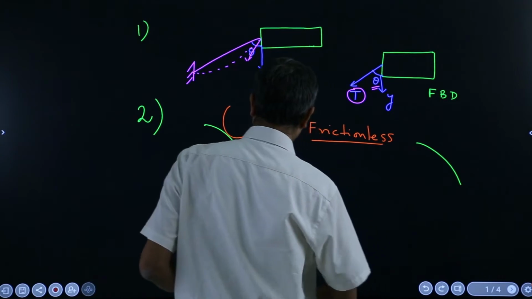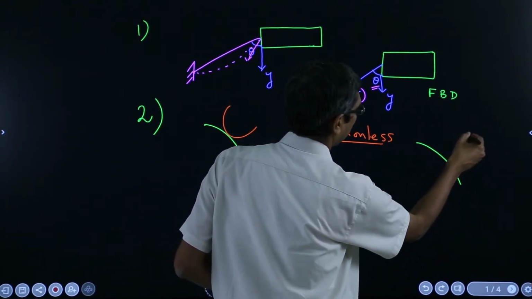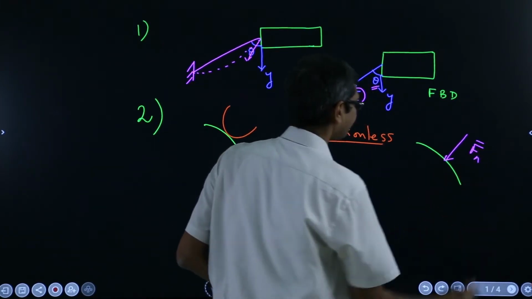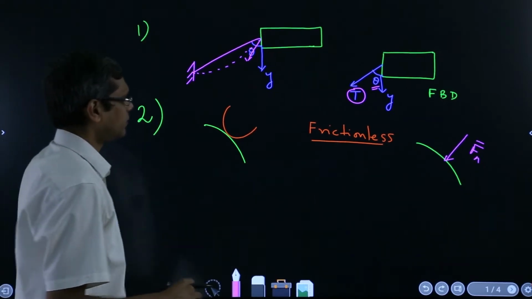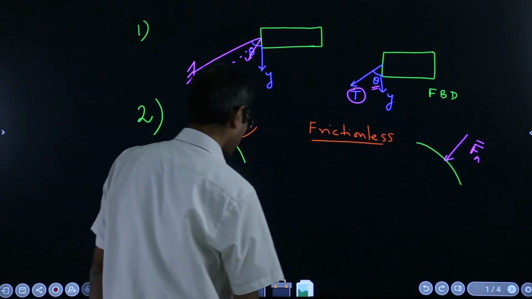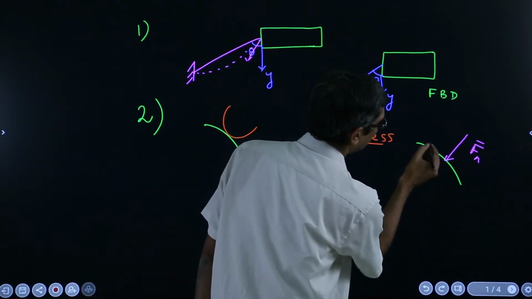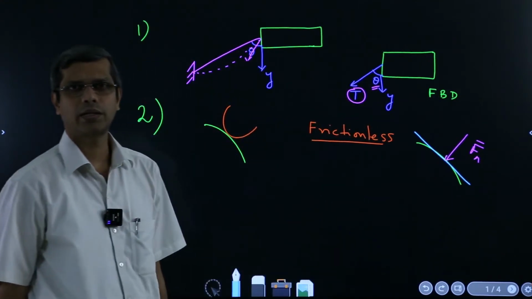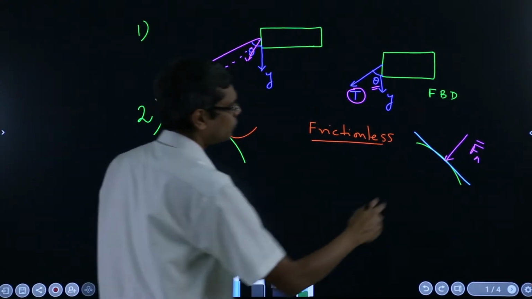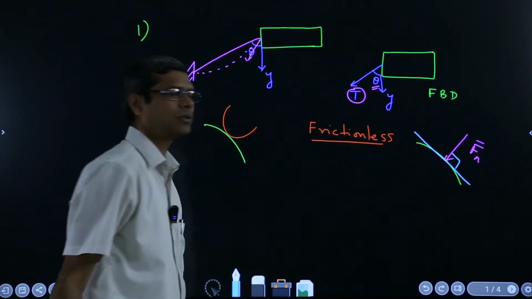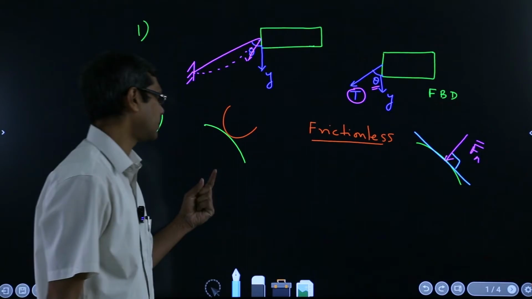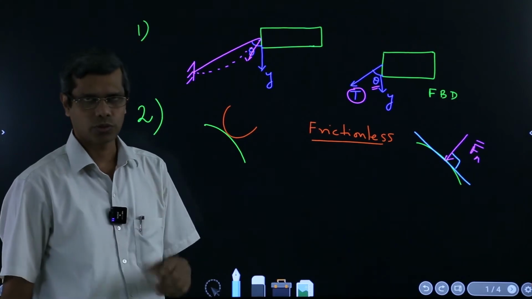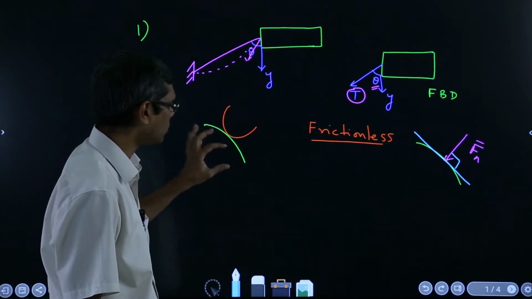Now the force which you will have to replace it with will be normal to the tangent of that surface. That is the way in which you should replace the force when you remove this body and draw the free body diagram of this.